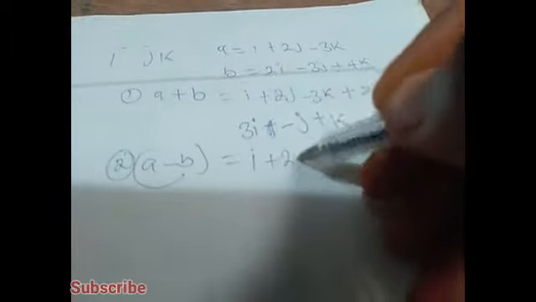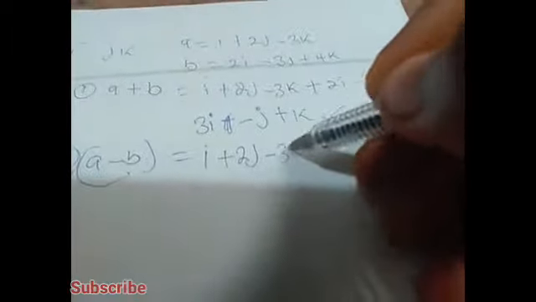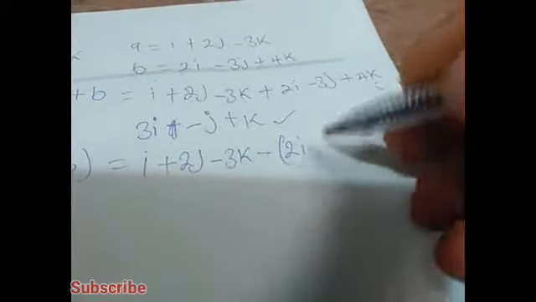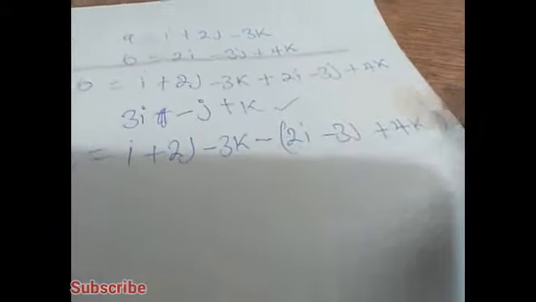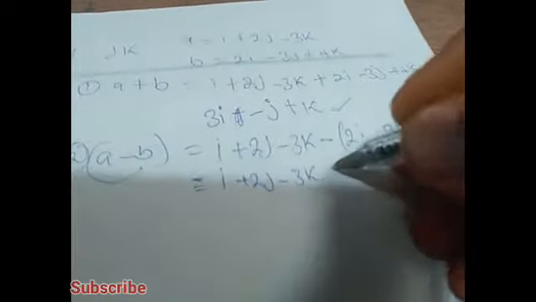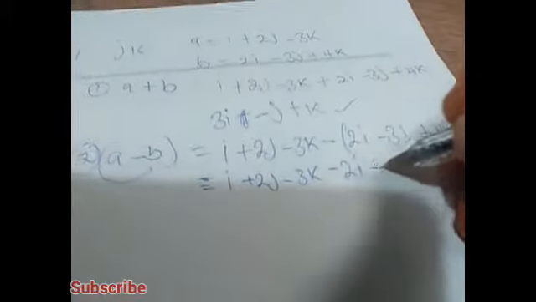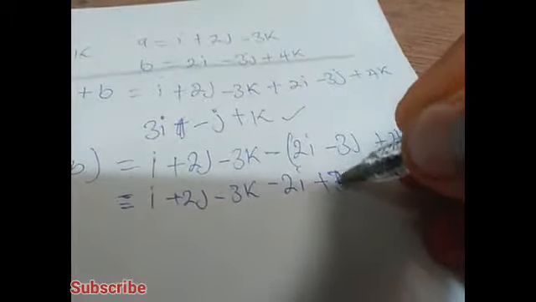Which is going to be I plus 2J minus 3K. Now this minus is going to encompass all of this. So we're going to have it this way. So this is going to be equal to I plus 2J minus 3K minus 2I, plus, sorry, this is 3. I thought that was a 2.